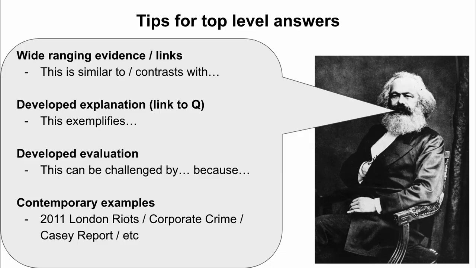So I'll link to that in the description. London Riots for crime and deviance, you can link to almost every perspective. Similarly, have some examples of corporate crime up your sleeve when you go into the exam if it's on crime, or the recent Casey report on the Metropolitan Police if you're doing crime and deviance. If you're doing other topics, think about recent examples from the news that help explain different perspectives.